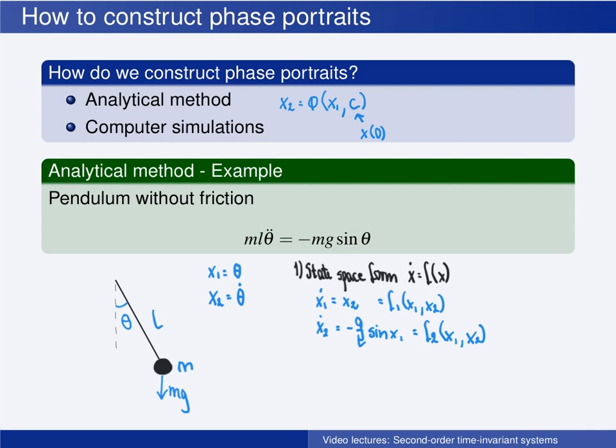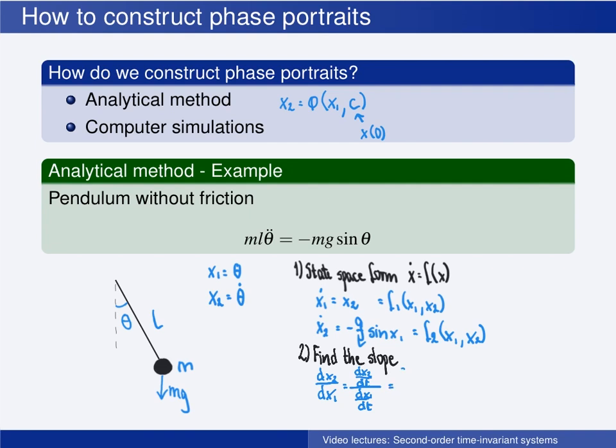The second thing we do is to find the slope. The slope of a trajectory is given by the derivative of x2 with respect to x1, and this is the same as the derivative of x2 with respect to time t divided by the derivative of x1 with respect to time t.